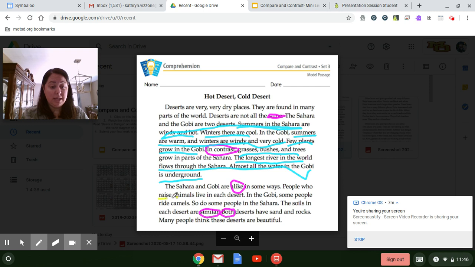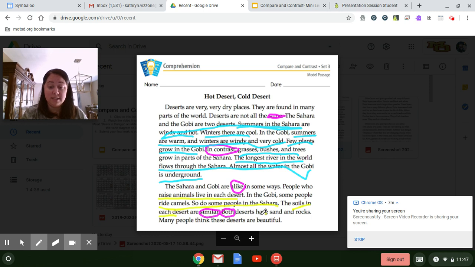So I guess that means people live in both deserts. And it goes on to give us a little detail that some people in the Gobi Desert ride camels, and so do people in the Sahara. So that is another similarity. And as I'm doing this, I'm visualizing my Venn diagram and thinking, what am I going to put on the sides and what am I going to put in the middle? It says the soils are similar.